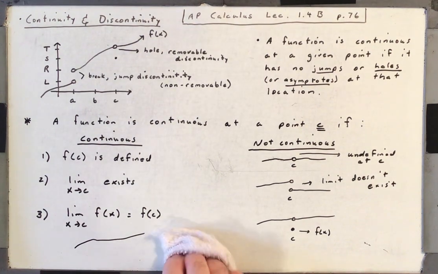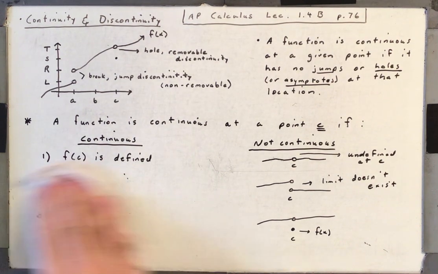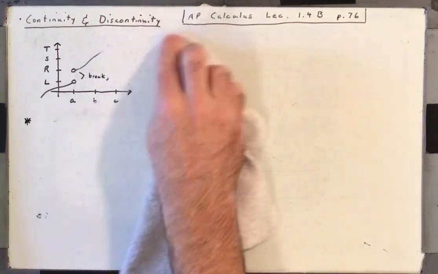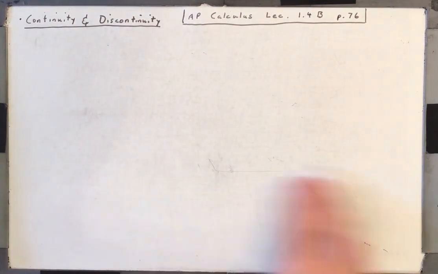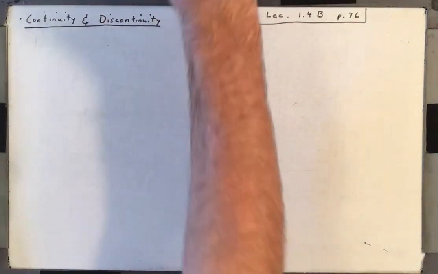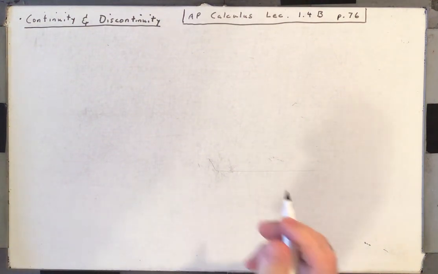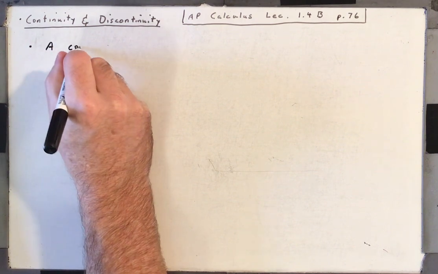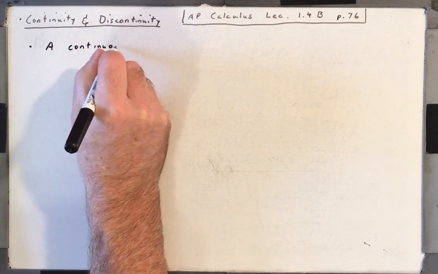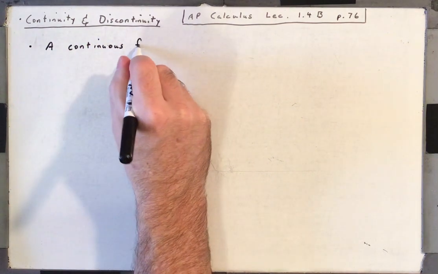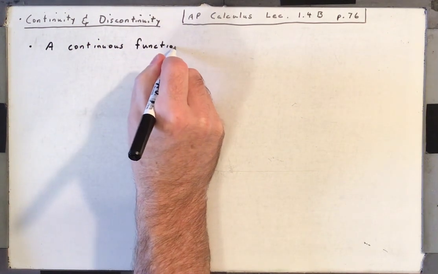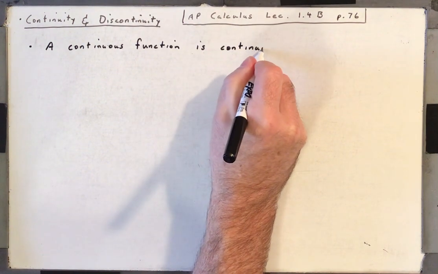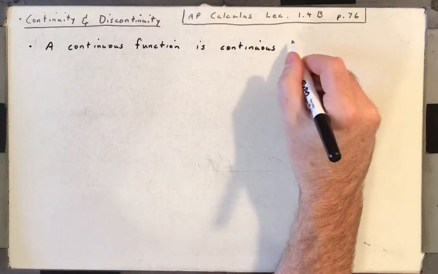Pause if you need to and write a couple more notes. A continuous function is continuous at all points.